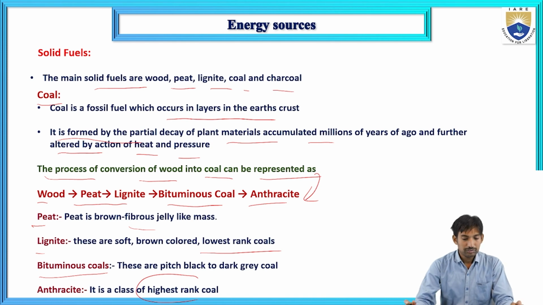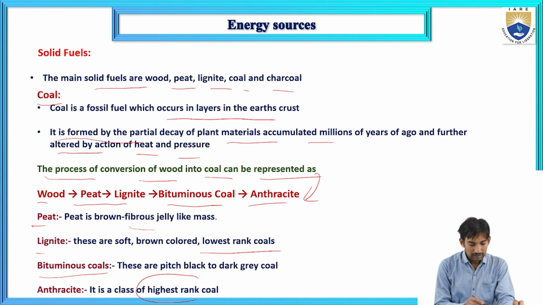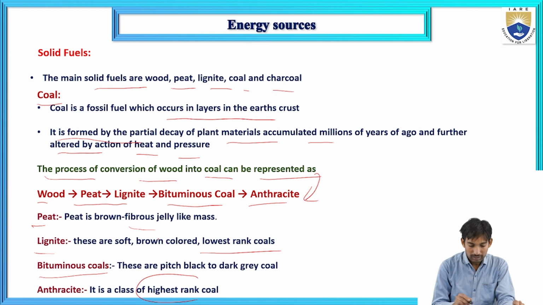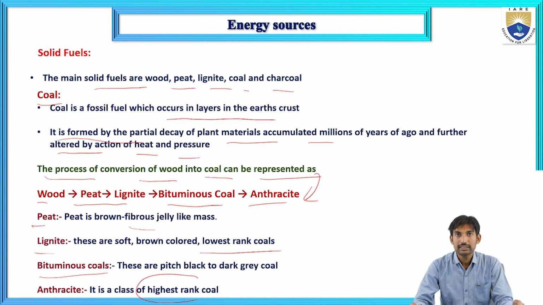First the wood is converted into peat, the peat into lignite, the lignite into bituminous coal, and bituminous coal gives the anthracite. The coal is formed in the earth crust because of the partial decay of the plant materials at high temperature and pressure.